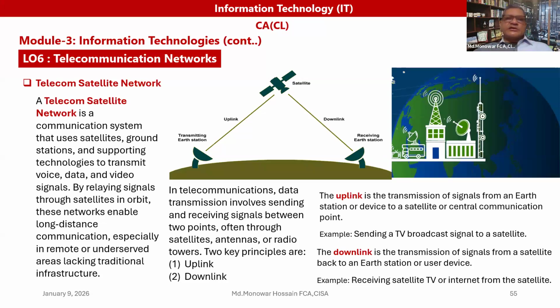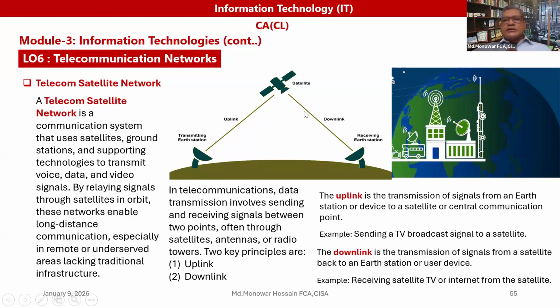In this case, there are two key principles: one is uplink, another is downlink. Uplink is the transmission of signals from the earth station or devices to the satellite or central communication point. Here, sending data to the satellite is the uplink.